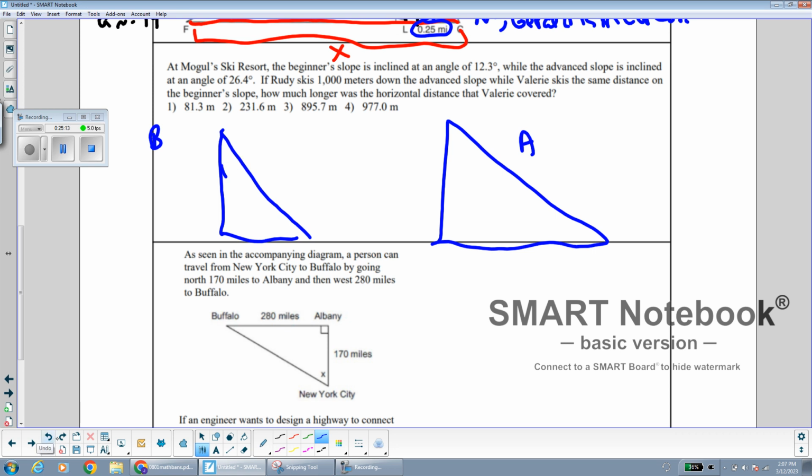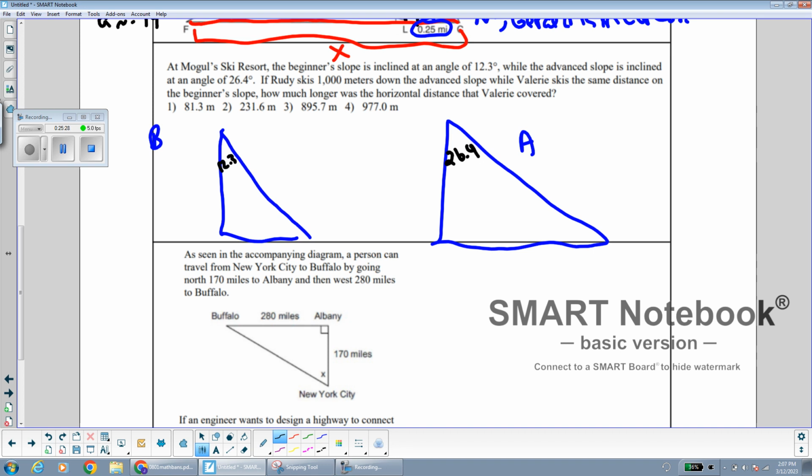Sorry, that's really hard to see. I shouldn't be using all this blue over there. 12.3 degrees. While the advanced slope is inclined at an angle of 26.4 degrees.